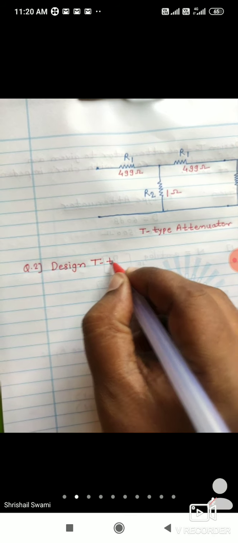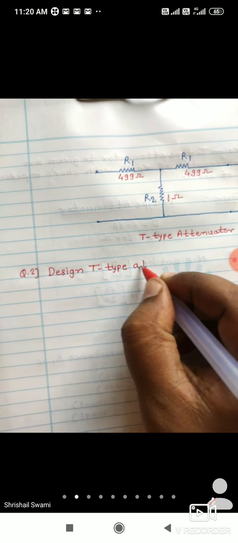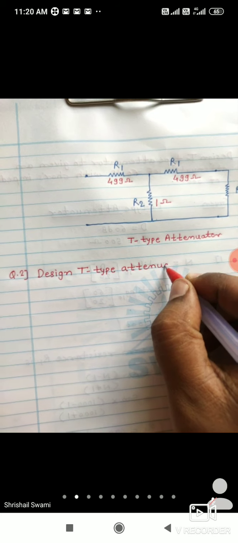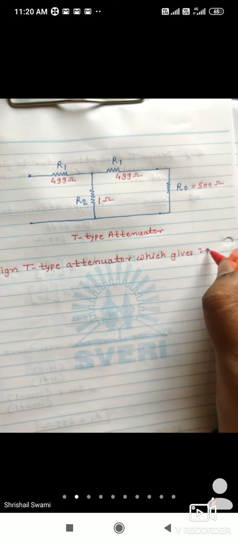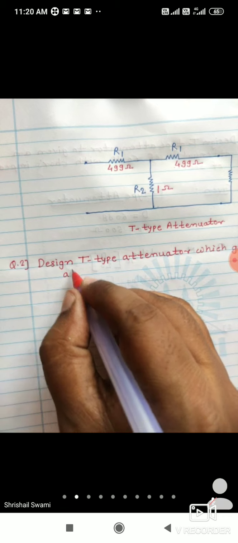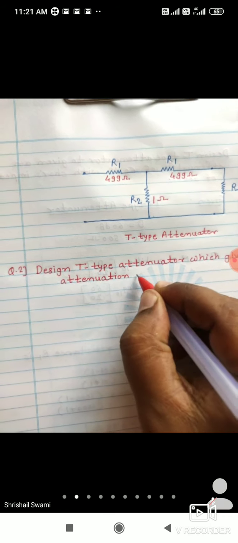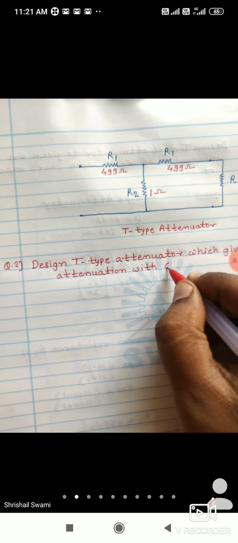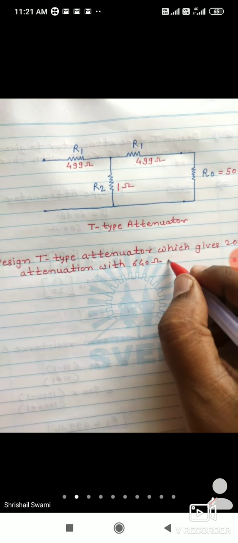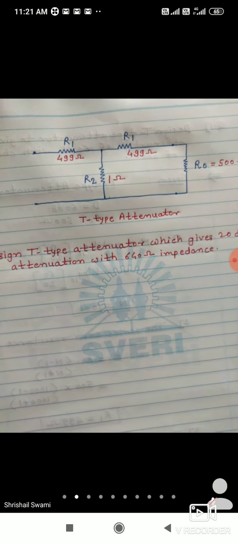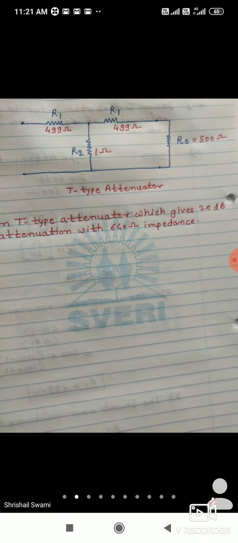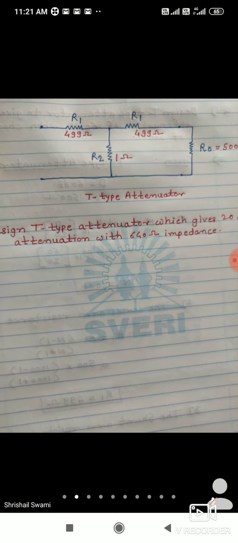Design a T-type attenuator which gives 20 dB attenuation with 640 ohm impedance.